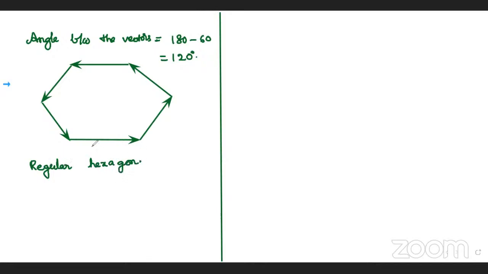Regular, keep in mind, means the sides have the same magnitude, like in an equilateral triangle.